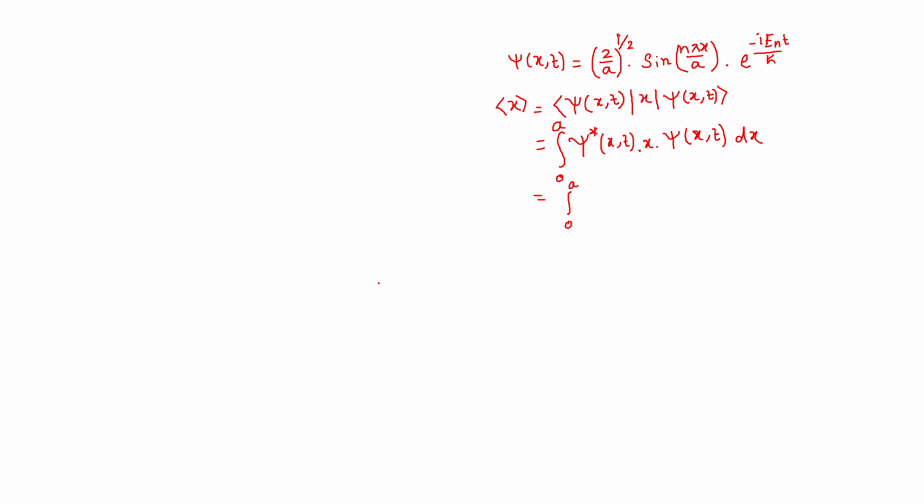minus the integration of d dx of the first function. What is my first function? x. And what is d dx of x? It's 1, right? So I'm not writing it again. Then the integration of cos 2n pi x by a.